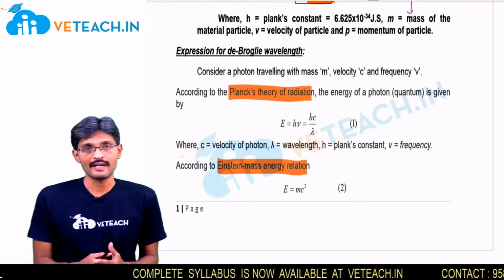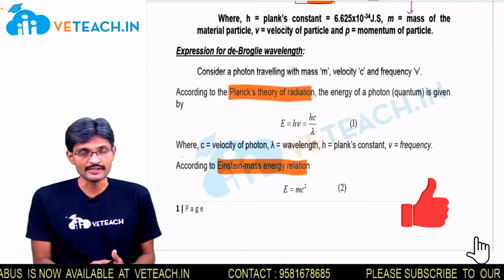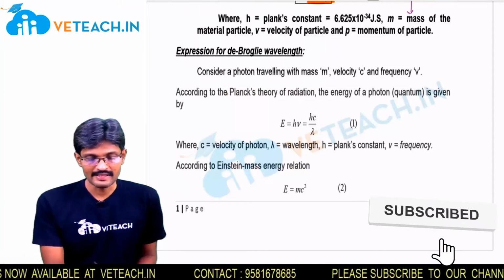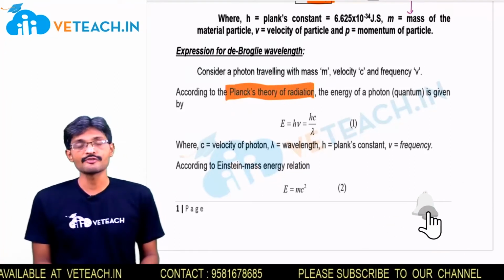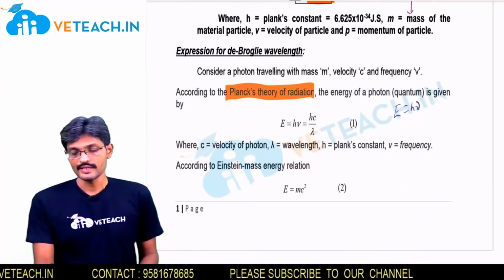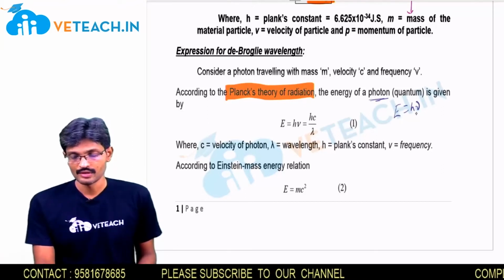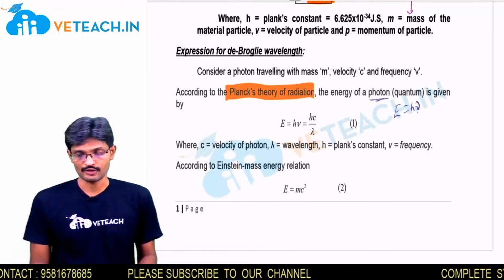From the well-known theories, Planck's theory of radiation and Einstein's mass-energy relation, we have the energy of the photon. From Planck's theory of radiation, the energy of the photon is E = hν. E is the energy of the photon, h is Planck's constant, ν represents the frequency of the photon.